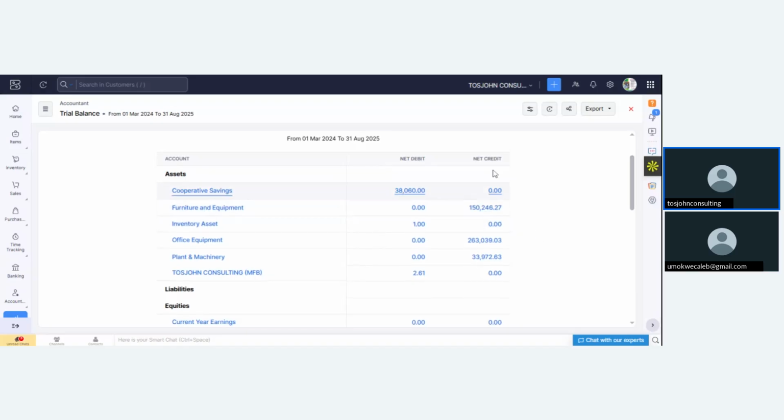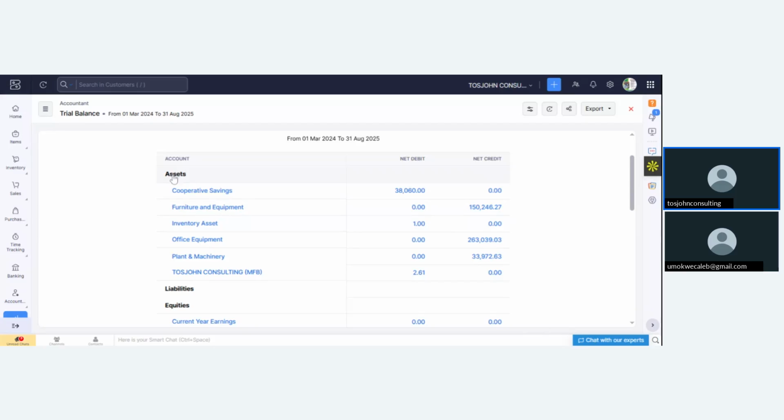So you look at it, but this is an asset. Why is the asset on the credit side? You are going to investigate it, because these assets are supposed to be on the debit side, right? That means this trial balance needs to be investigated, because debit is not where it is supposed to be for the assets.